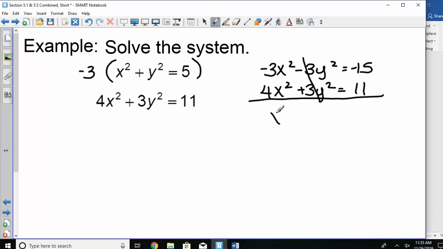Negative 3x squared and positive 4x squared is 1x squared. Negative 15 and positive 11 is negative 4. When you square root this one, what kind of answer are we getting? Imaginary, and that's okay. I do want you to still give me the imaginary. So I get plus and minus, the square root of negative 4 is 2i.